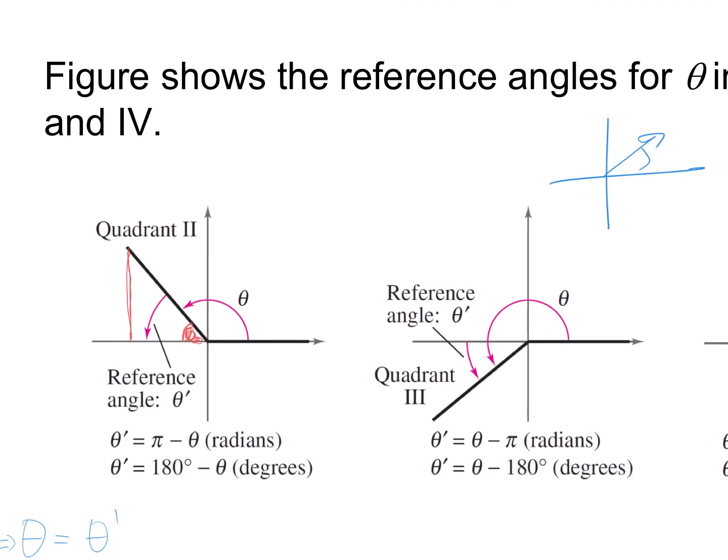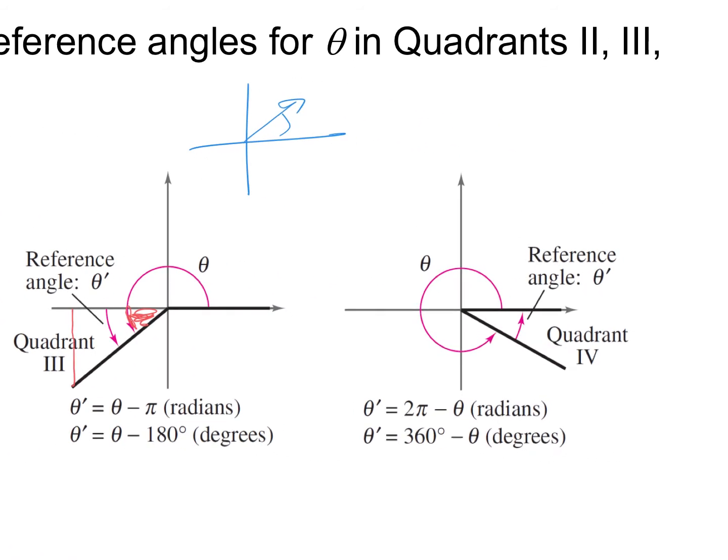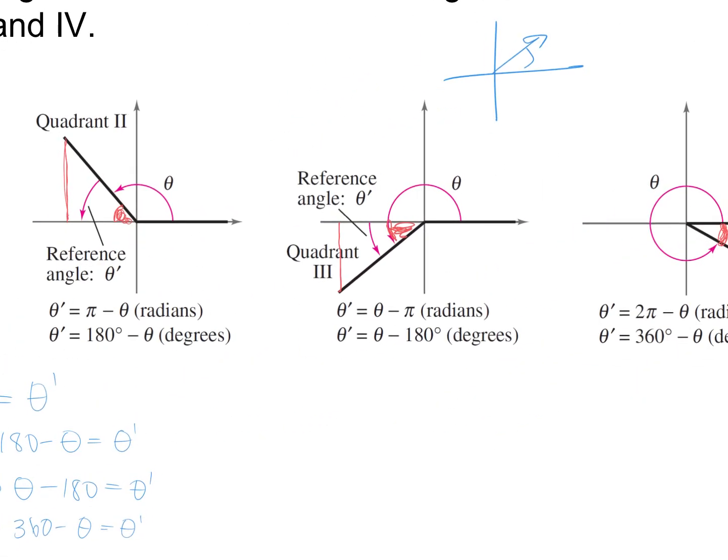So if you're in the third quadrant, you go from the terminal side up to the x-axis, and here's your reference angle. If you're in the fourth quadrant, you go from the terminal side up, and there is your reference angle. But if you guys notice, it's always formed with the x-axis, correct?